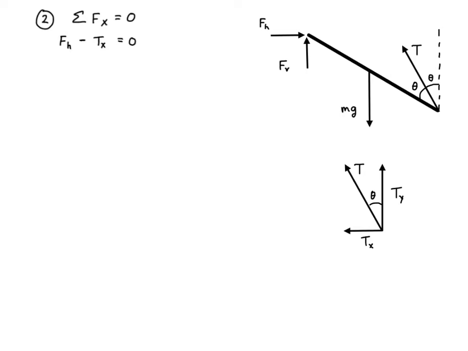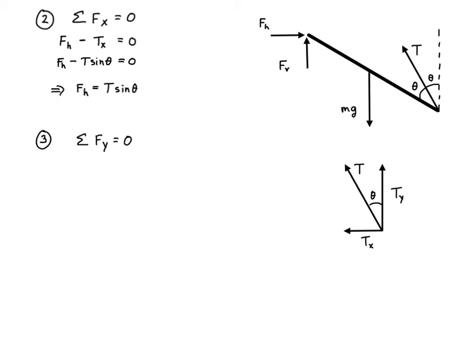So putting it in the equation, Fh is positive because it's going to the right, and minus Tx, negative because it's going to the left. And then we put in for what Tx is, which is T sine theta, and then we solve for Fh.